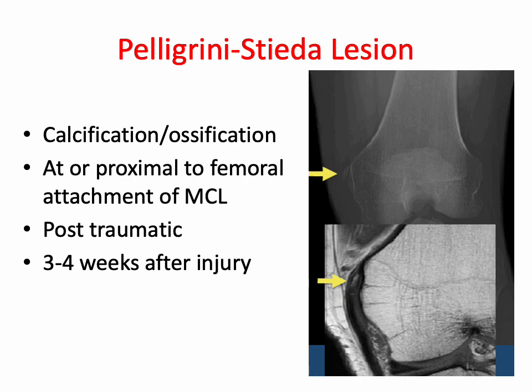On plain films, we can see calcification adjacent to the medial femoral condyle, often linear or curvilinear, paralleling the femoral cortex. These are post-traumatic, with one mechanism of injury presumed as an avulsion fracture of the medial collateral ligament. Calcification usually starts 3 to 4 weeks post-injury.